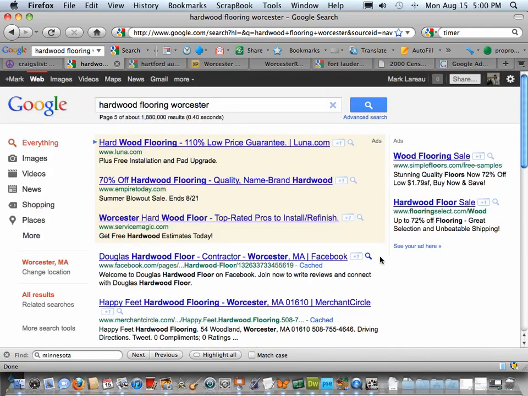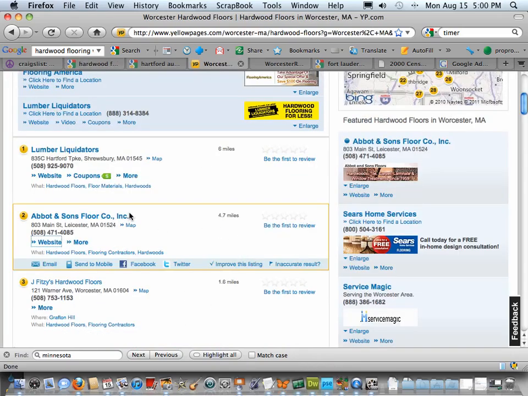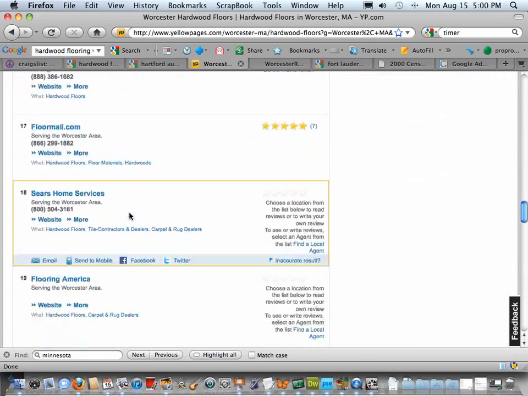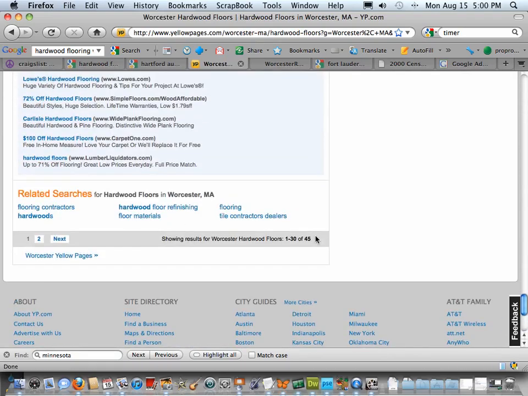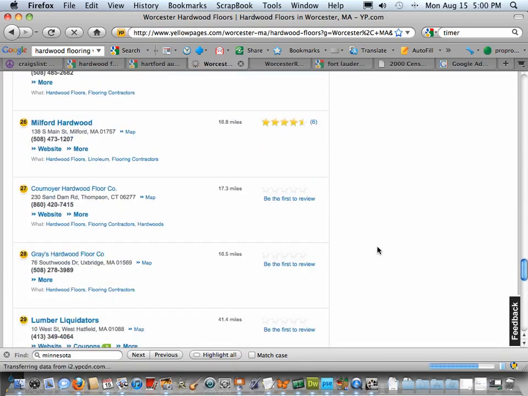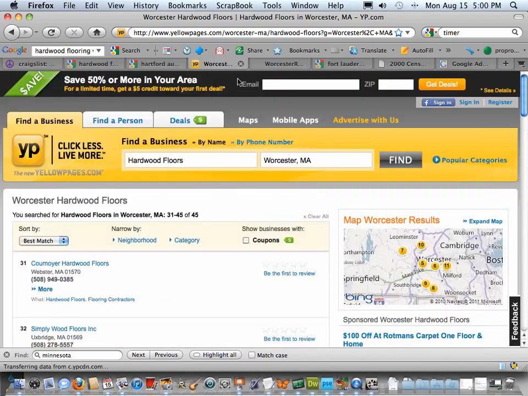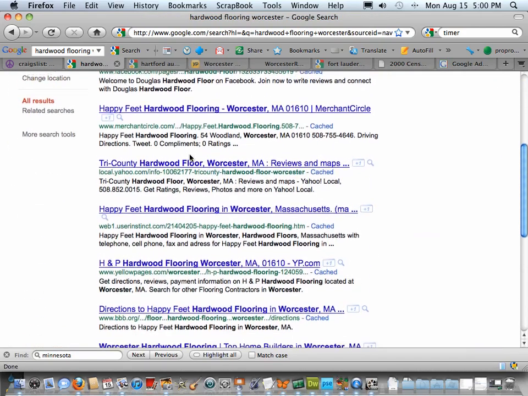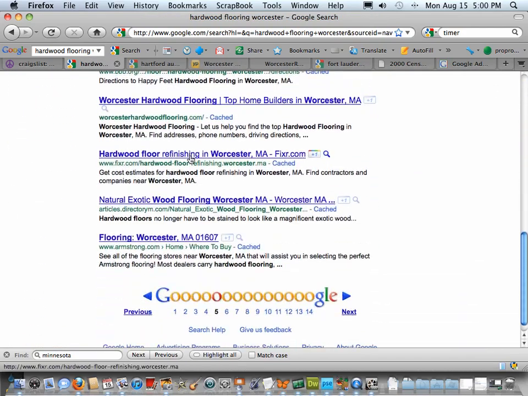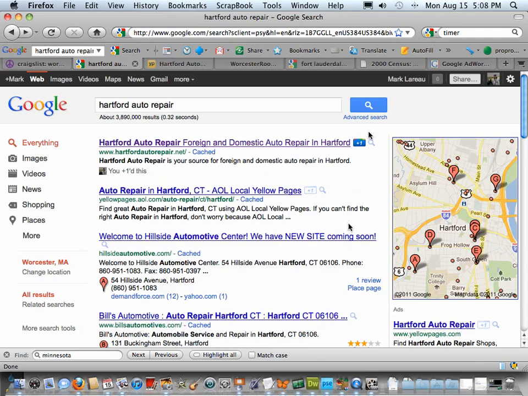If we go over to Yellow Pages and scroll down to the bottom, you can see this is showing results 1 of 30 of at least 45. So that's enough. Should have no problem.